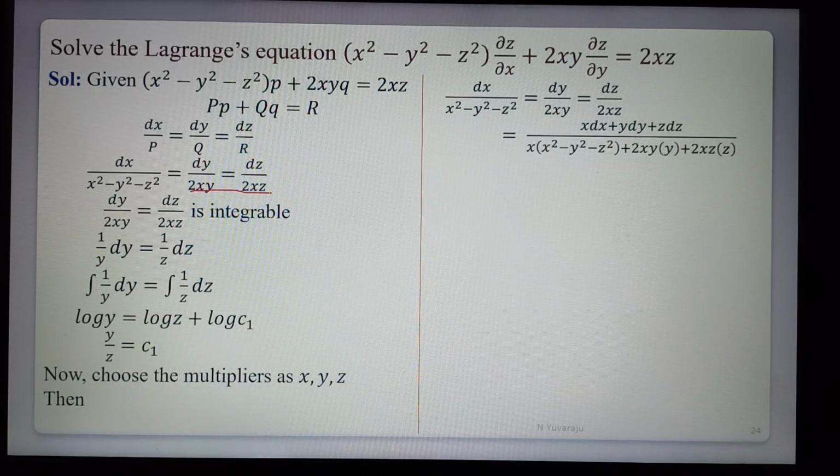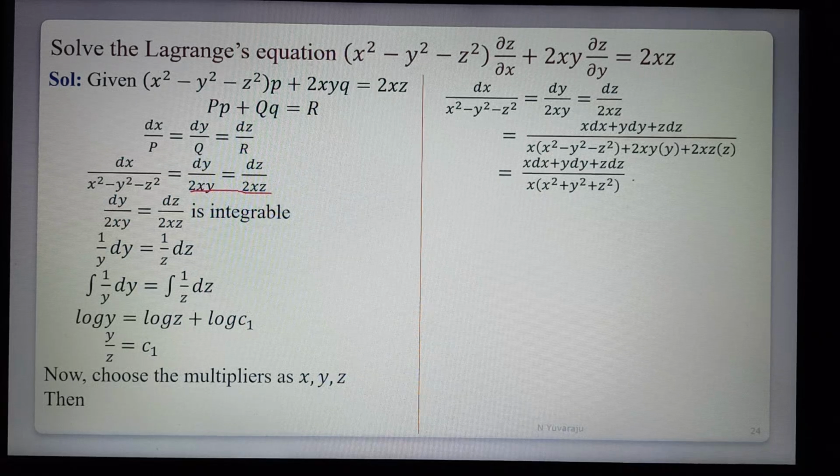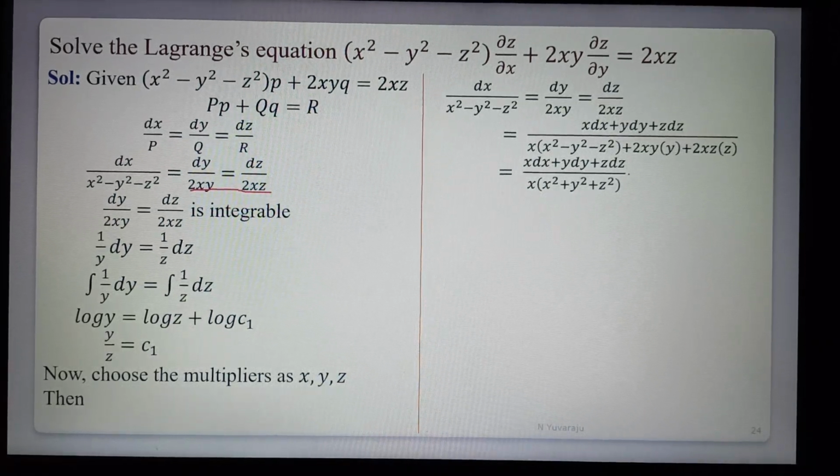After simplification, taking x common, the denominator is x(x² + y² + z²).